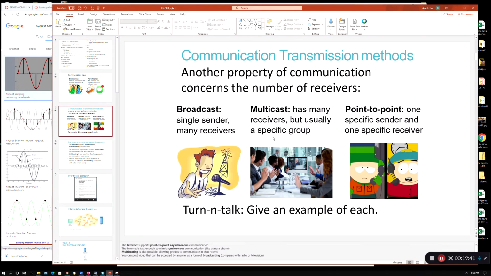Multicast is where you have many receivers, but it's not typically the same as a broadcast, because it's more subscription based. You're a particular group of people.